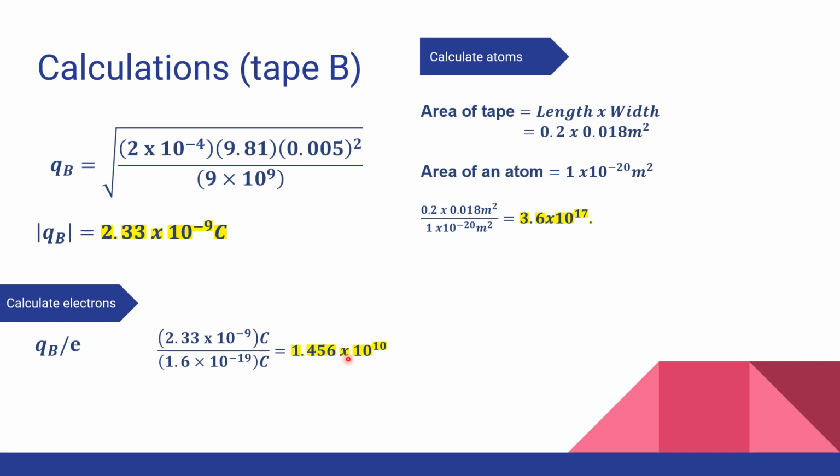Then we're going to calculate the number of atoms, and to do that we need to consider the area of the tape, which we calculate by multiplying length times width, and the area of an atom. We just divide the area of the tape by the area of the atom, and we get that we have 3.6 times 10 to the 17th power atoms.